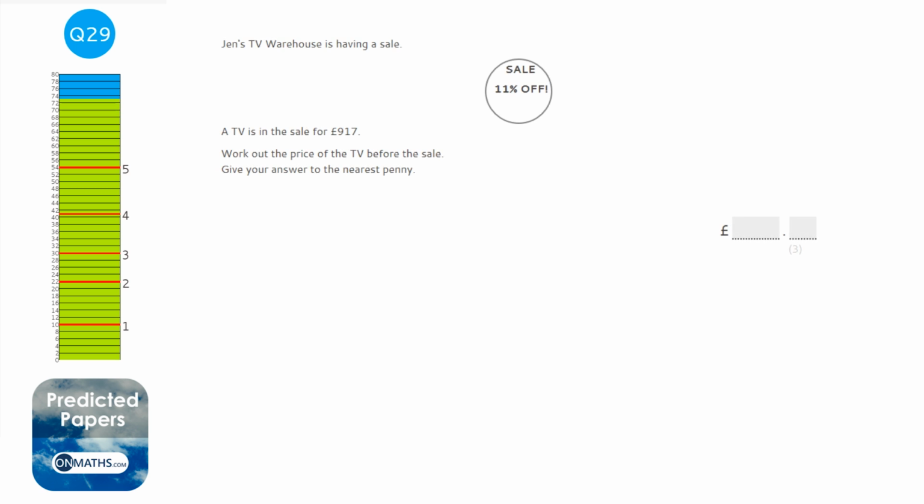The easiest way to answer this question on the calculator paper is to think in terms of multipliers. Now multipliers are a nice easy decimal you times something by to do whatever the question's asking you to do. So either increasing it by a percentage or decreasing it by a percentage. So if we ignore the second part of the question, just focus on this bit, 11% off.